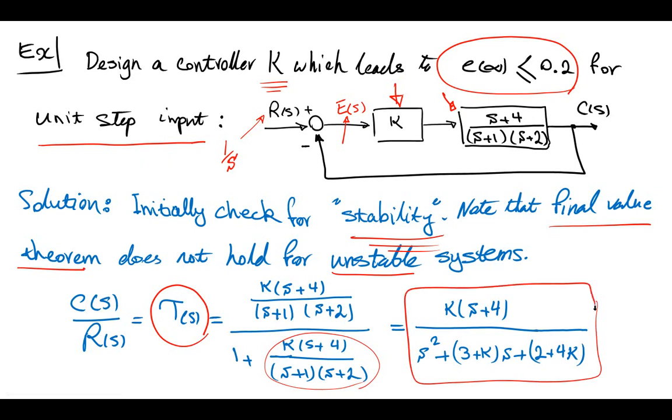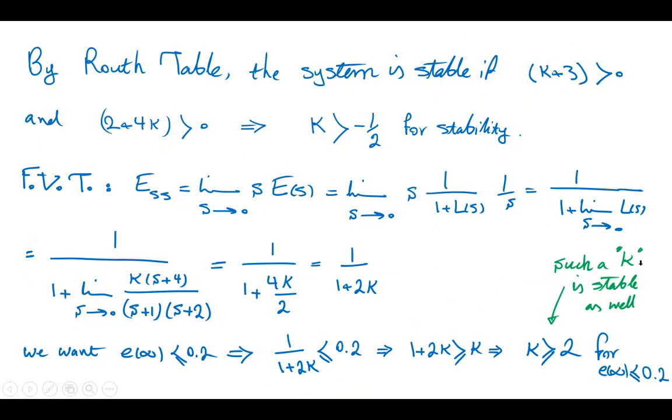If we do a Routh table to check the stability, we'll see that this parenthesis and this one have to be positive in order for the poles to be in the left half plane, for the system to be stable. So by the Routh table, the system is stable if we have this condition and that condition.